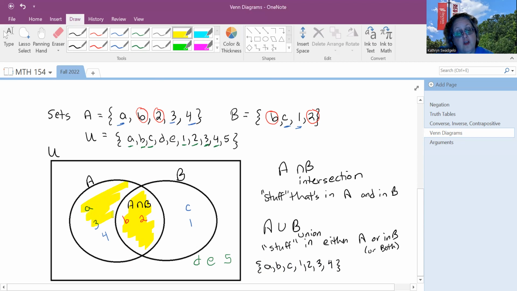I could color that part, this part, and that part, all of it, and that would be the union. So the union is coloring all 3 of those places. Now I could get all fancy and talk about the complements, what's not in there, and so forth, but I'm going to save that for a different class.